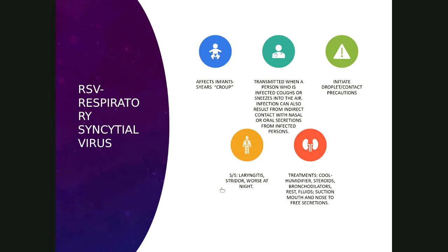Suction for the nose and mouth to free secretions if it's available. Anybody who has chronic cystic fibrosis or sometimes if a patient has been treated at home for RSV, the doctor's able to order suction for the patient to use at home. Most of the time, these are hospital settings, though.